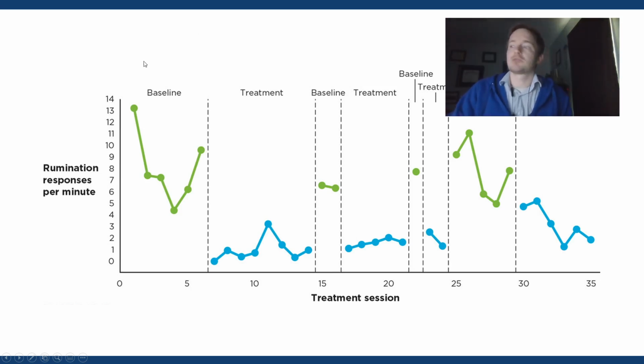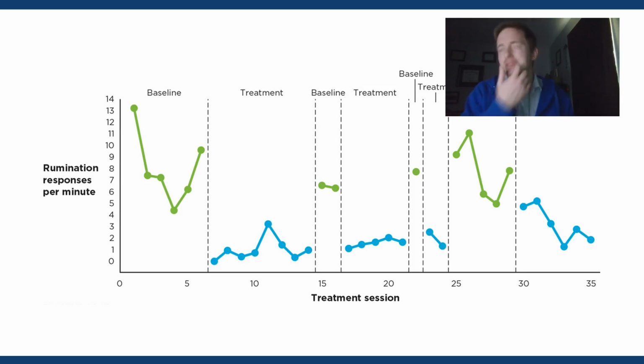So in this case, what we're looking at here is baseline and treatment. In this case, we are looking at OCD. So this is real data of an individual who has OCD. They're trying this treatment plan to see whether or not this treatment is going to have someone lessen the severity of their obsessions.